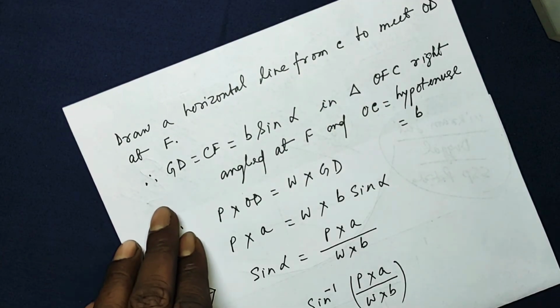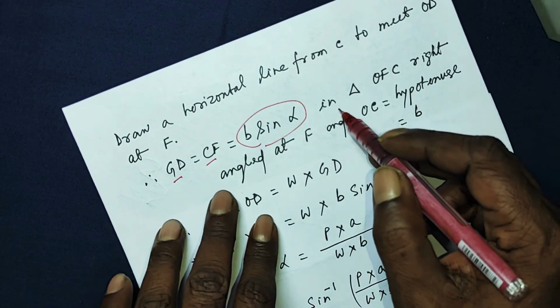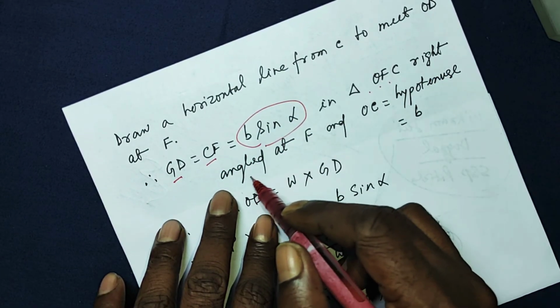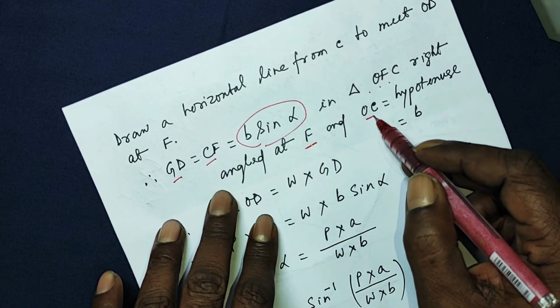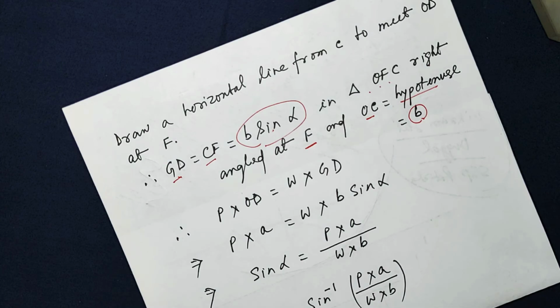So GD is equal to CF, that is equal to b sine alpha in the triangle OFC, right angled at F, and OC is equal to b. So GD we get. So substitute the value of GD in equation 1.